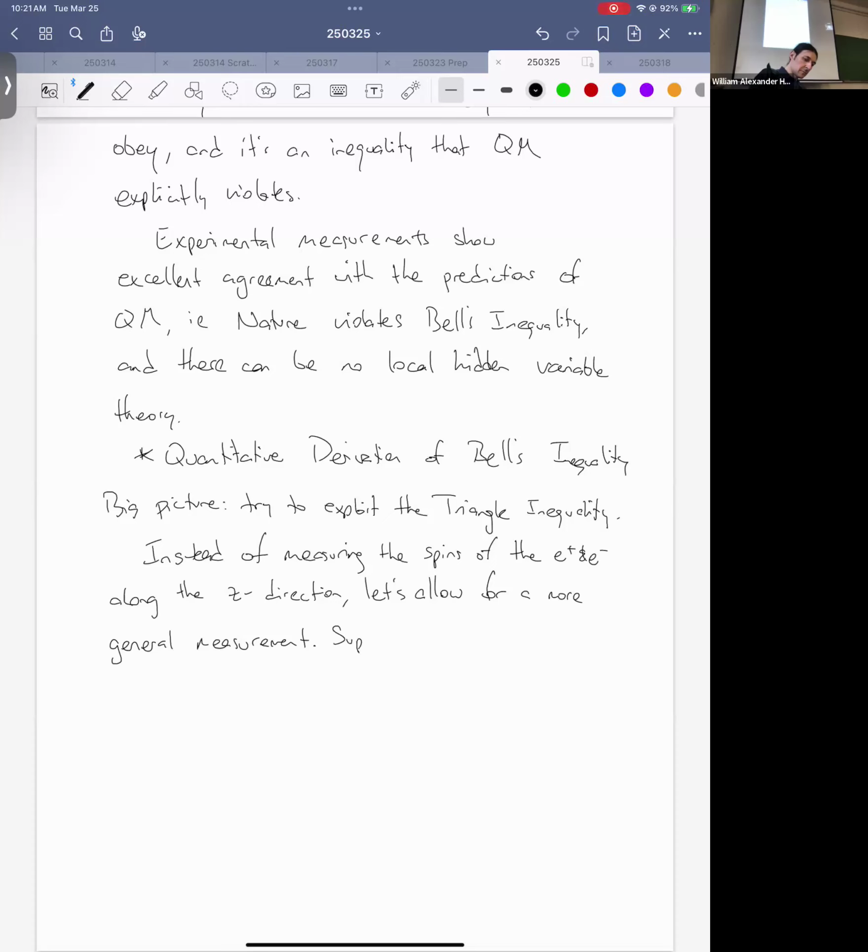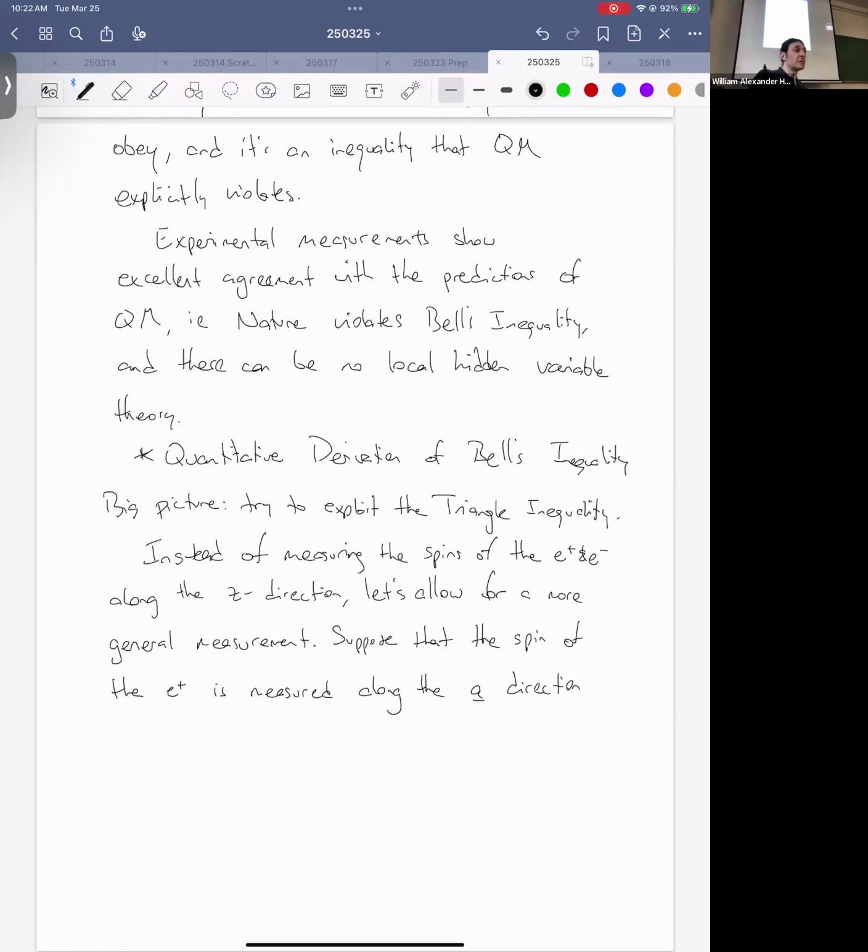So suppose that the spin of the E plus is measured along the A vector direction.